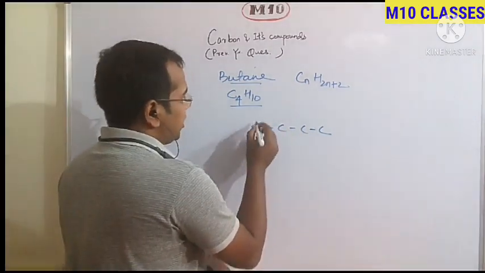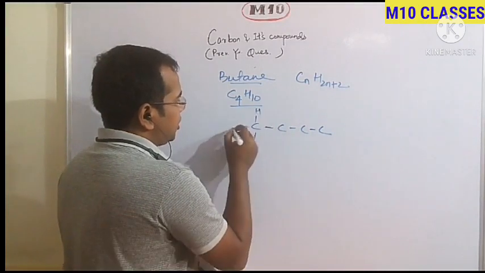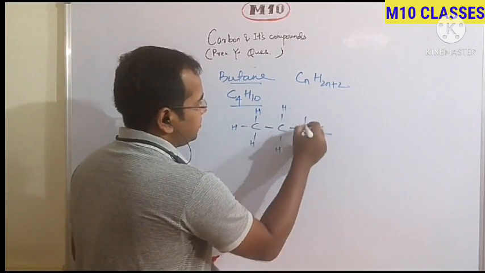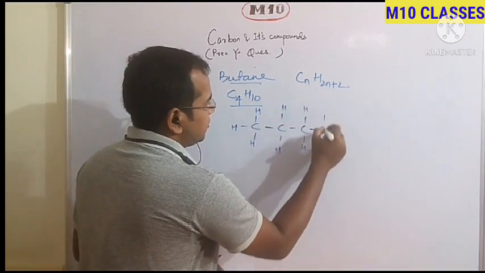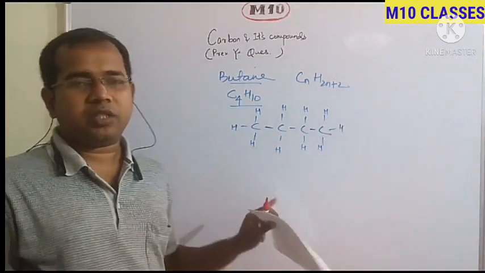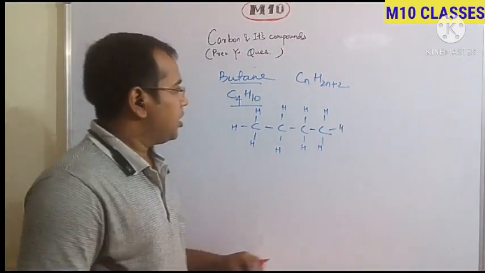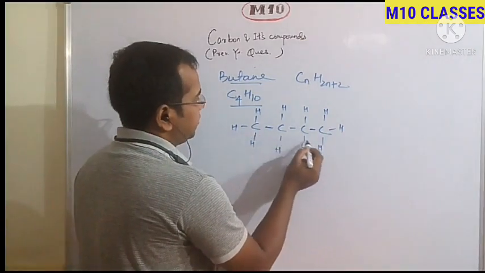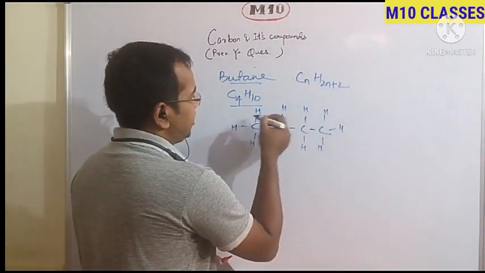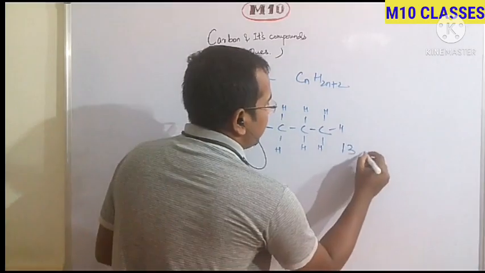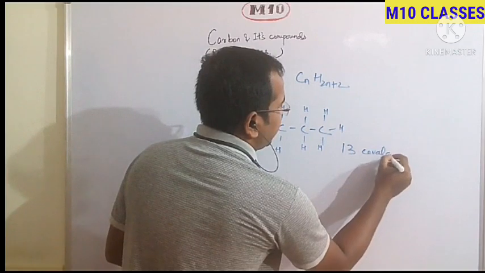So here it is 1 single bond, so it can take 3 more single bonds over here and place hydrogens. Now as you know, carbon and hydrogen form covalent bonds. Now you can find the number of covalent bonds here: 1, 2, 3, 4, 5, 6, 7, 8, 9, 10, 11, 12, 13. So the total number of covalent bonds is 13.